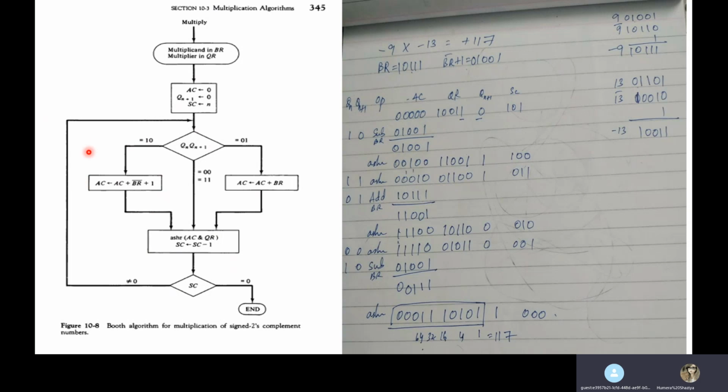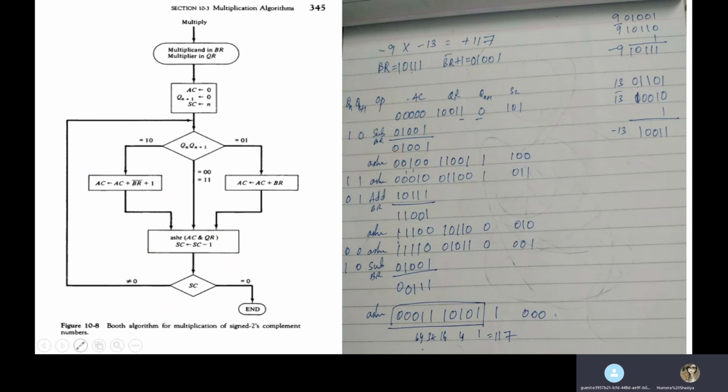After you complete this, you have to perform arithmetic shift right operation. What is arithmetic shift right? It is the shift operation performed by considering the sign bit. The MSB is the sign bit. Whatever the MSB is, after you perform the shift, the same bit is restored in arithmetic shift right.